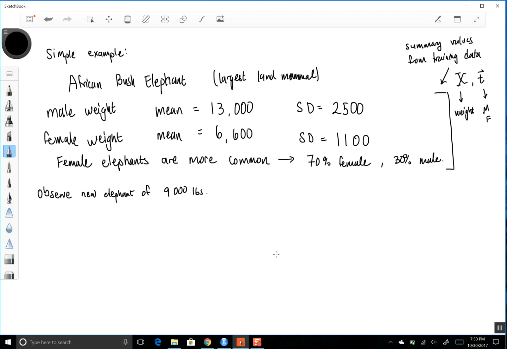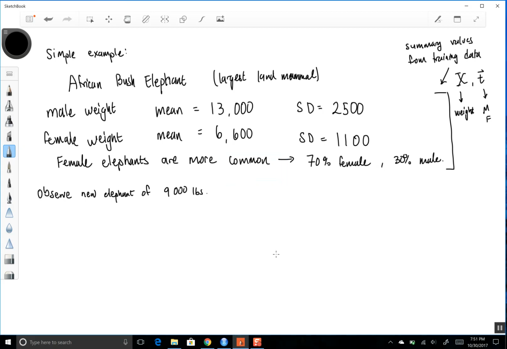We've got these means and these classifications. Our summary values will be a mean of 13,000, standard deviation of 2,500, and a mean of 6,600, and standard deviation of 1,100. And also, when we analyzed our vector of male and female classifications, just straight in the data, we have 70% female and 30% male. Is that okay?